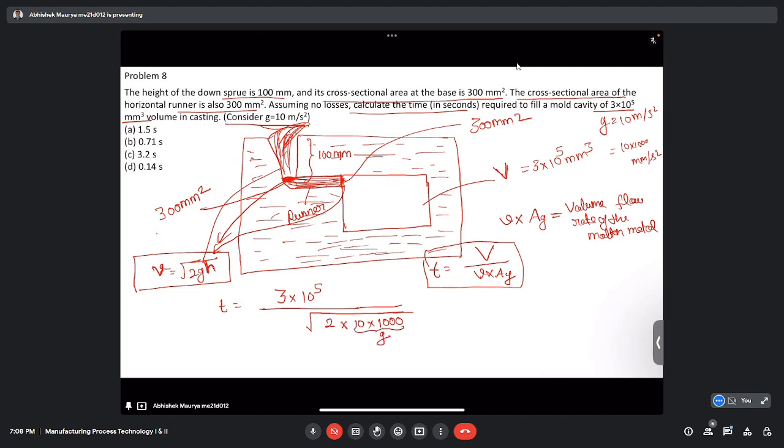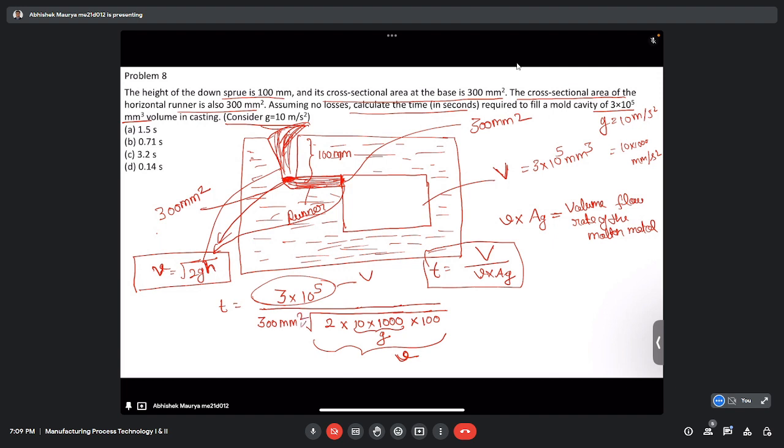Okay, and now we have to multiply it by the height of the mold, that is 100. So this is the volume, this is the flow velocity, small v, and what is left, the area of the gate, that is directly given, 300 mm square.